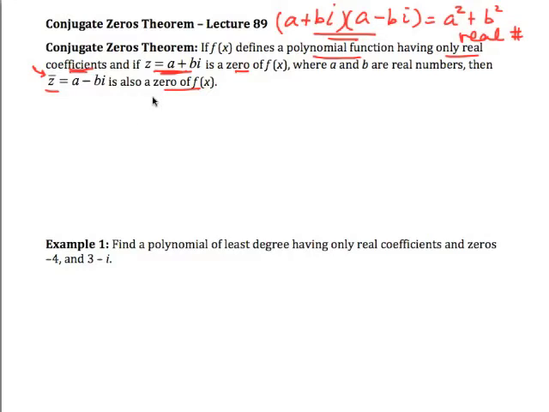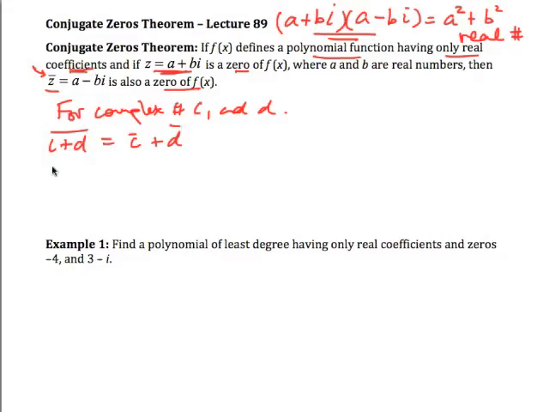Now, conjugates have a few interesting properties. For example, let's suppose for complex numbers c and d, if I have the sum of c and d, and I find the conjugate of the result, I'd get exactly the same result as getting the conjugate of c first and then adding the conjugate of d.